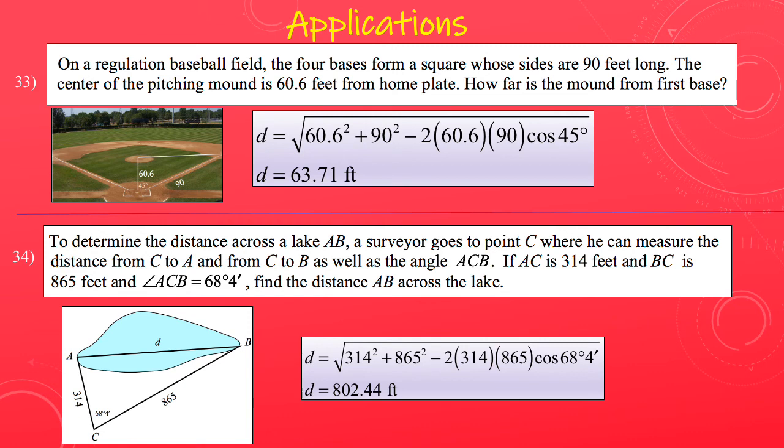This is a side angle side situation, and therefore we use our law of cosines and get d is equal to the square root of 314 squared plus 865 squared minus 2 times 314 times 865 cosine of 68 degrees 4 minutes, and we get d is equal to 802.44 feet.